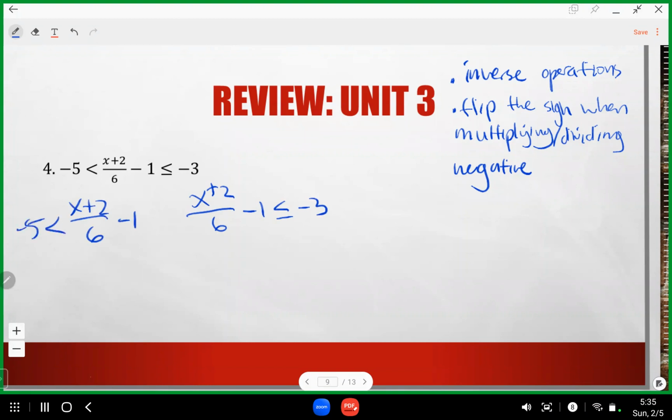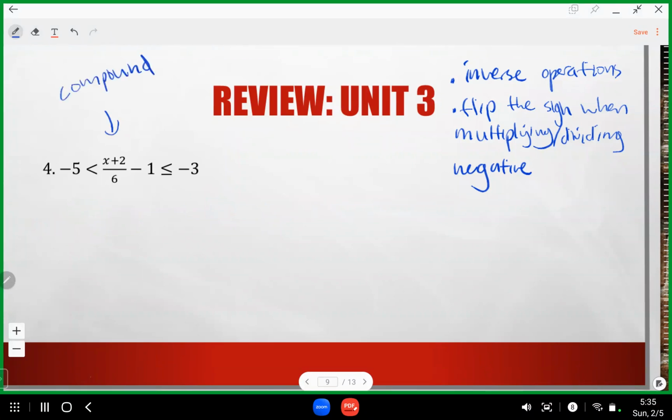You're still going to use the same inverse operations to solve them, so you can just solve them at the same time. That's a compound inequality. And in the next slide, we'll talk about the absolute value inequalities. Make sure you don't forget those because those are pretty important later on.